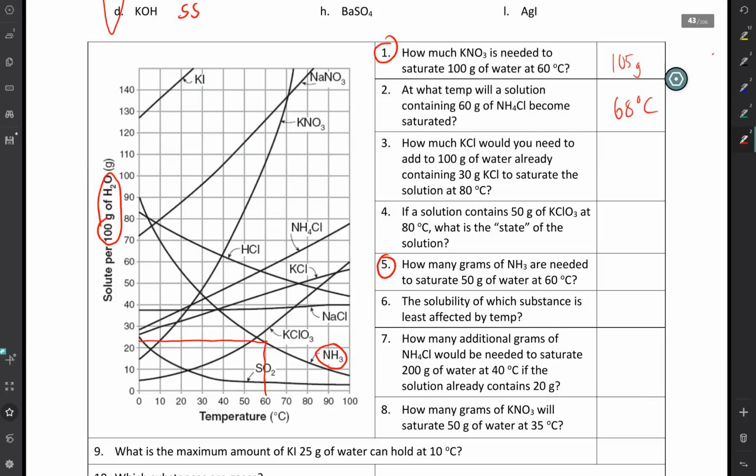If I have half the amount of solvent, I'm going to need half the amount of solute. So if I get 22 grams per 100 grams H2O, if I cut my water in half, it is safe to assume that I'm going to cut the amount of ammonia that can dissolve in half as well. So in this case, I get only 11 grams needed to saturate that solution.